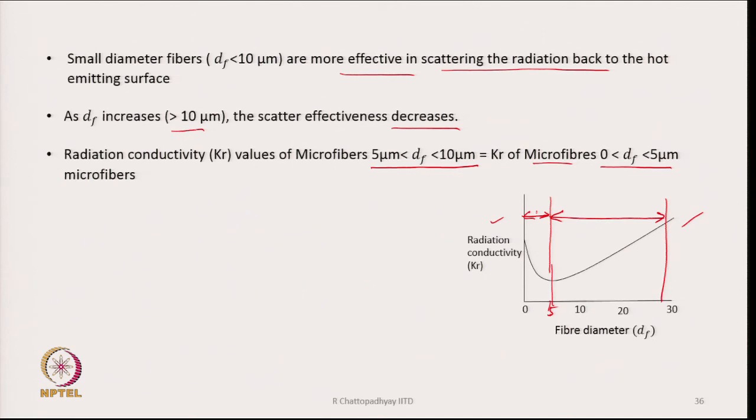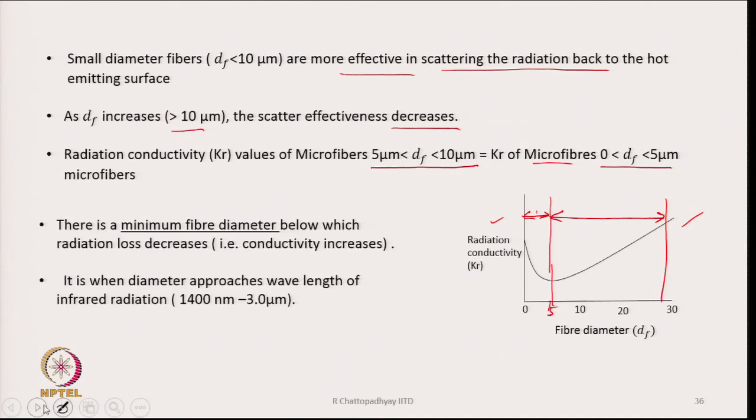So, there is a minimum fiber diameter below which radiation loss increases, somewhere around 5 or 6 microns, where we get minimum radiation conductivity, and therefore the loss is also minimum.